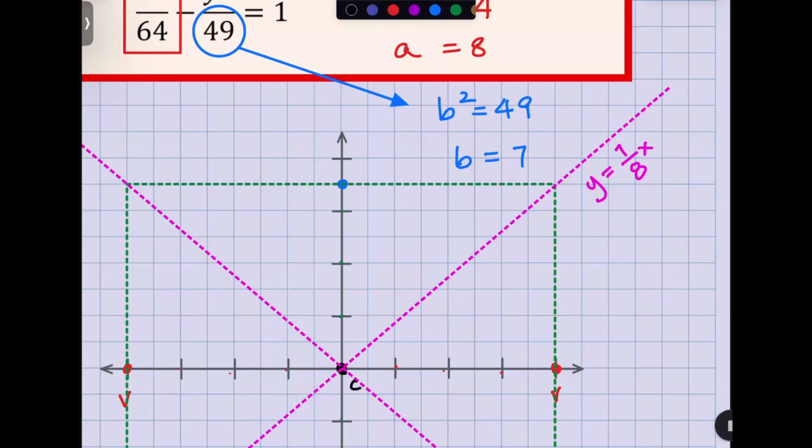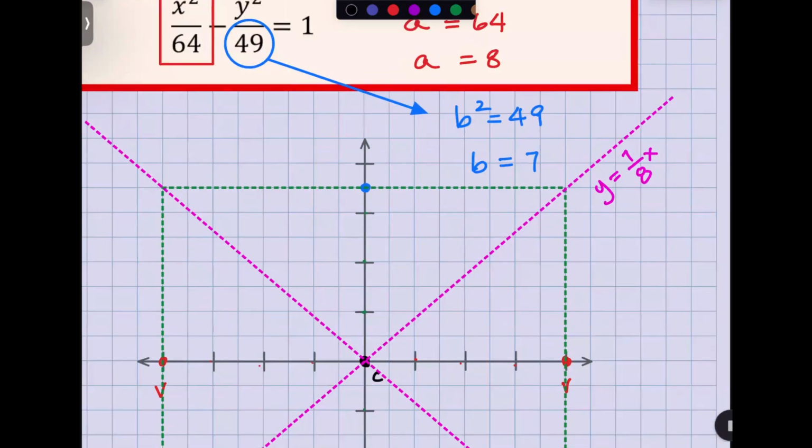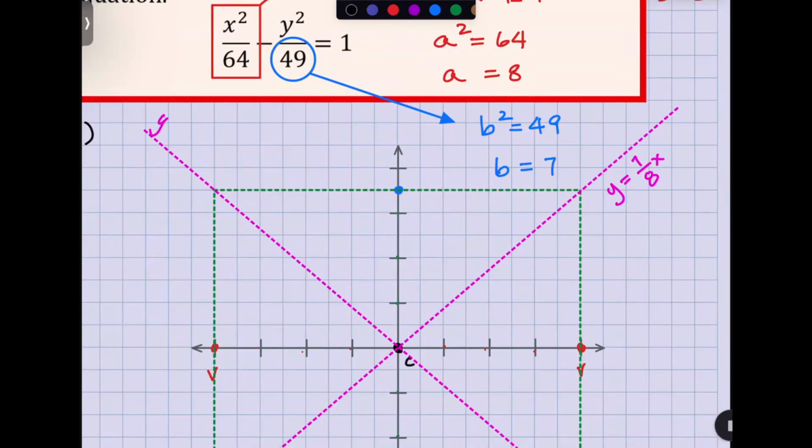Do we understand that? And the equation of this line must be, make sense? Yes? And that all came from my A and B. So it's either going to be A over B or B over A, one or the other. Right? But one of them is right, one of them is wrong.